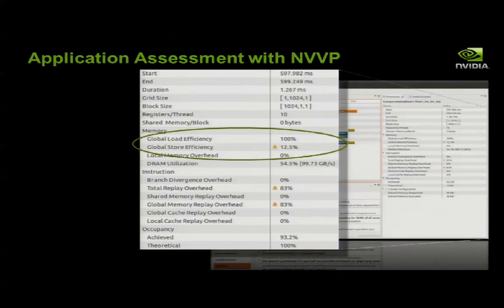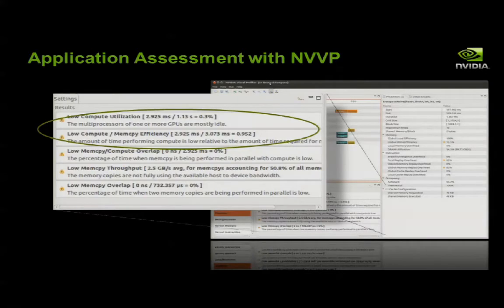This is from an example where we looked into doing a matrix transpose, and if we have time, I can show you some more detail of what we looked at there. Let's go back one.